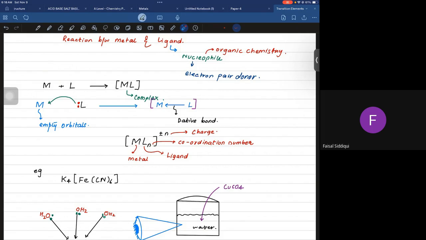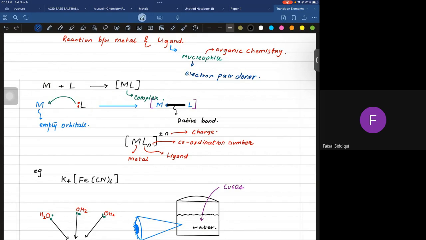So when the ligand donates electrons to the metal, obviously they would form a complex, in which you can see the arrow.